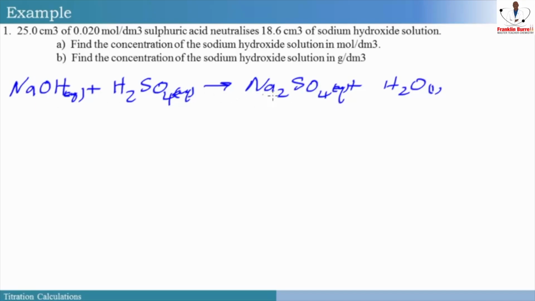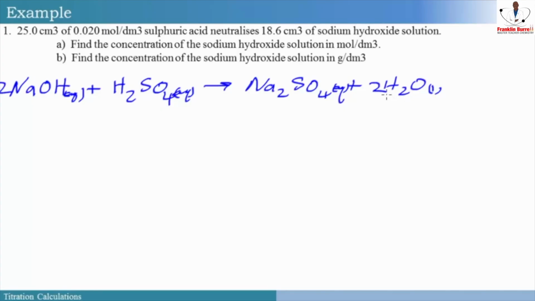Here we have 2 sodium, but here we have 1, so we put 2 here. 1 sulfur, 1 sulfur. Well, let's balance this as a polyatomic ion, so call it 1 sulfate. 1 sulfate. So we're okay with sulfate ions here. Water consists of 2 hydrogen. So we have 2 here and 2 here, that's 4. So I need 4 in total on the right hand side. So I need to put 2 here.